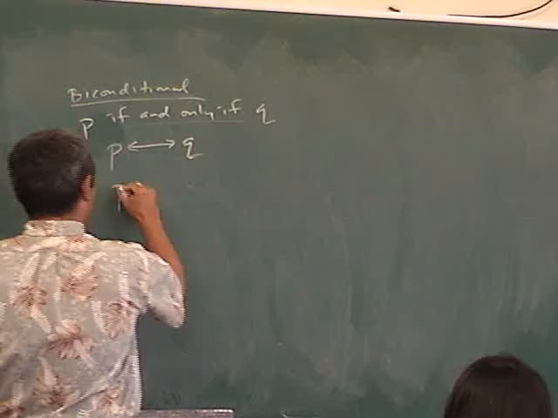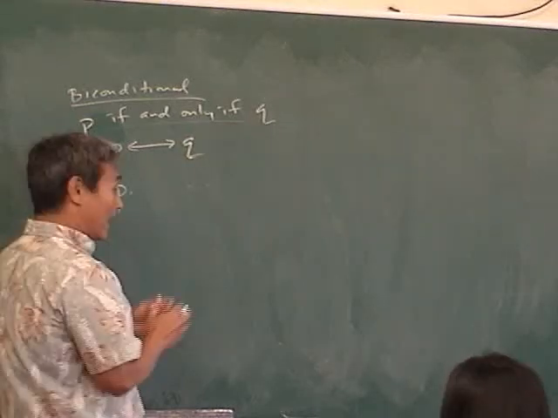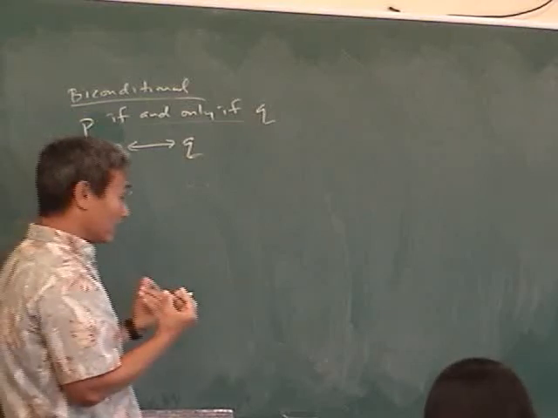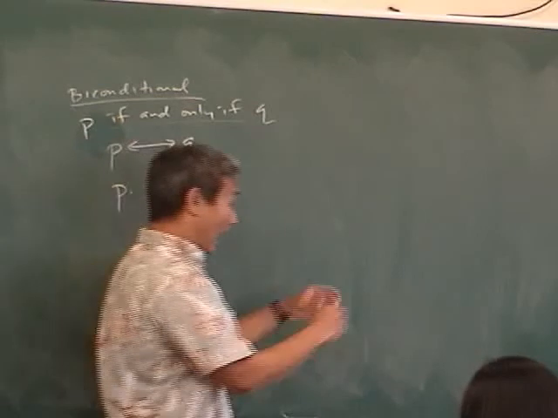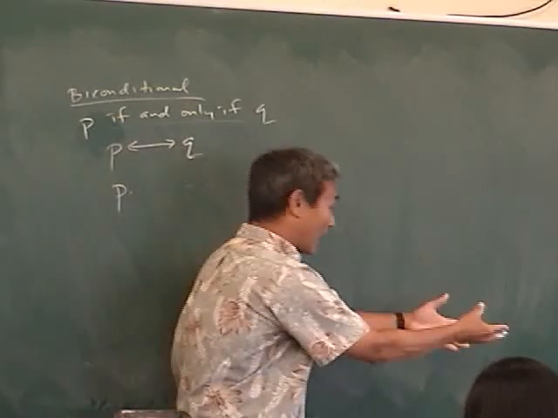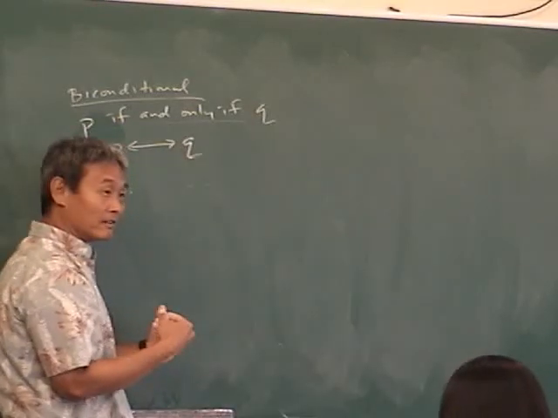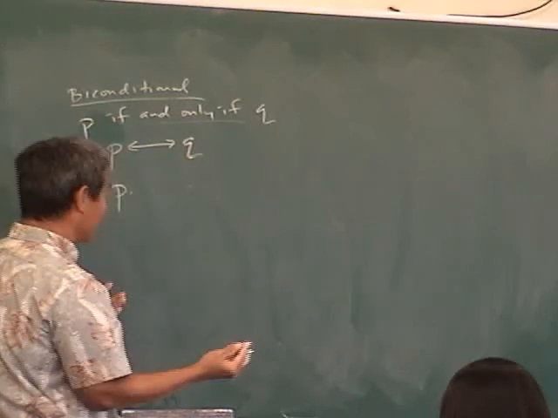Where have I seen that phrase before? Is that a theorem? No, it's a definition. Normally you see biconditional statements in a definition. Right, because think about it. If a triangle is equilateral, then the three sides are congruent. But if the three sides are congruent, then the triangle is equilateral, right? It can go either way, biconditional.